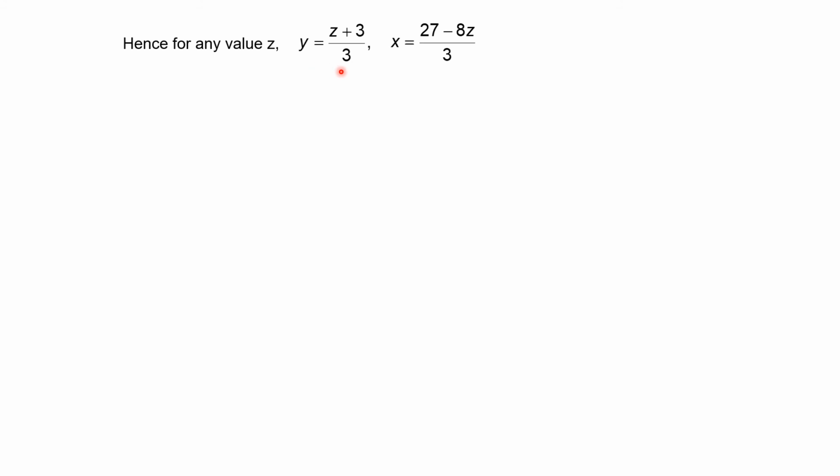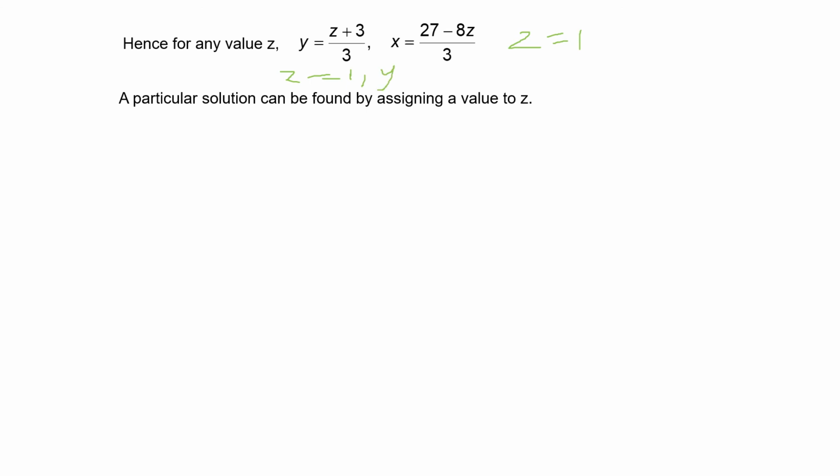you get a set of solutions. So for example, when z is 1, okay, then your y would be 4 over 3, and then your x would be 27 minus 8 over 3.